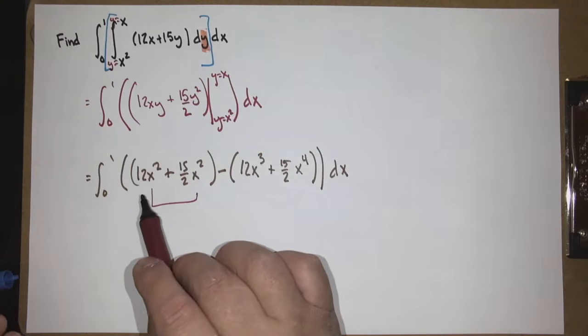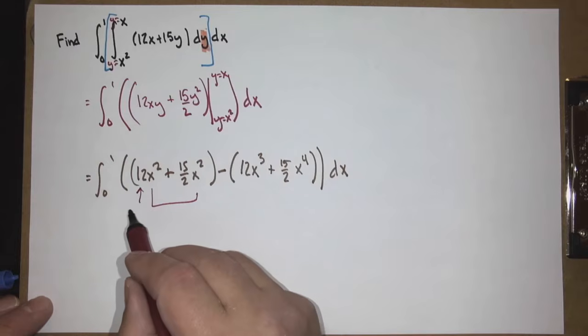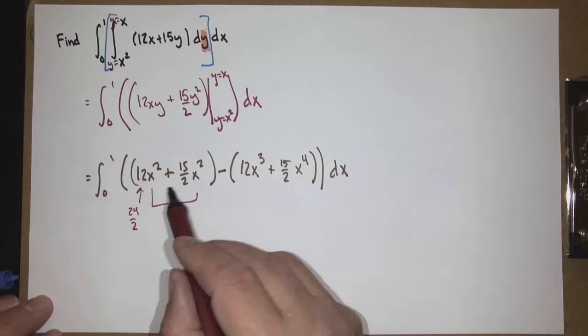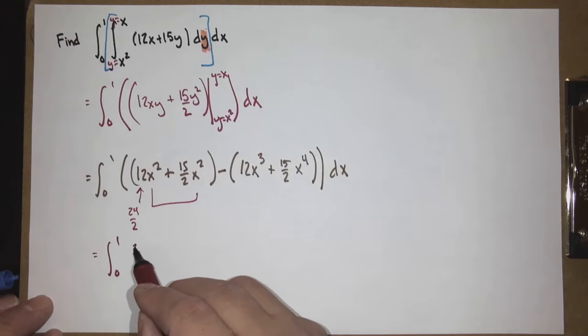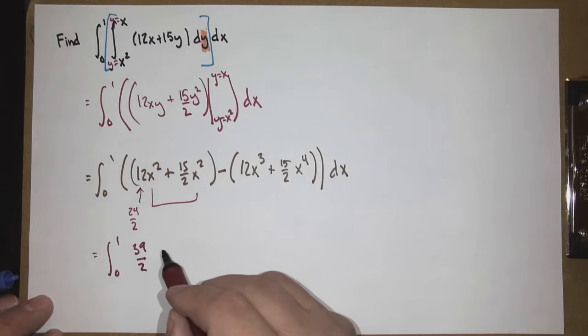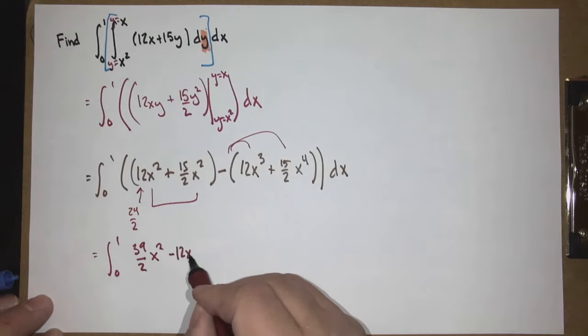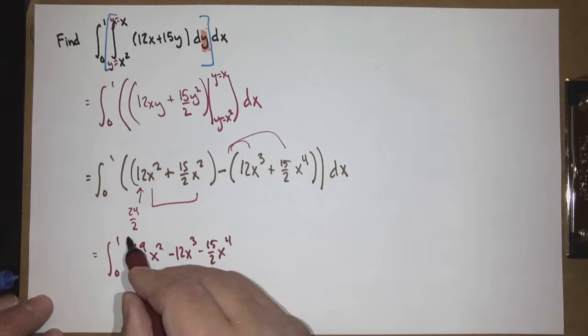So we should just add their fractions. What's another way to say 12 in terms of halves? 24 over 2. So 24 over 2 plus 15 over 2 would give us a number. I think it's 39. Yeah, 39 over 2, and that's an x squared. And then the minus, we can go ahead and distribute that. Minus 12x cubed, minus 15 halves x fourth. There's nothing else we can combine.